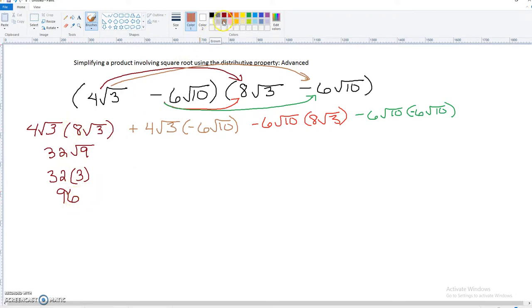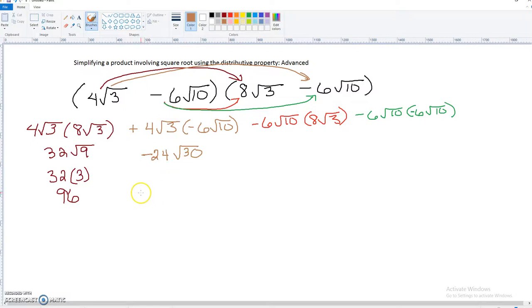Now let's go ahead and do the next one. We've got 4 times negative 6 gets us negative 24, square root of 30. We need to break this down if it's possible. We would need a number that's a perfect square to come out of that. And of course, there isn't any.